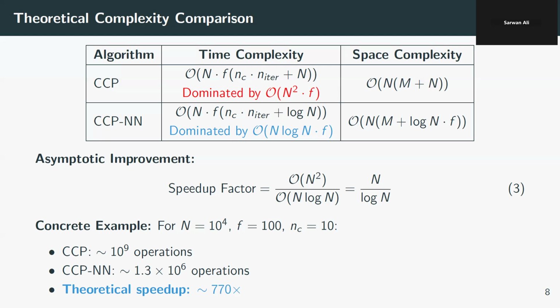For concrete numbers, if we have 10,000 samples, 100 features, and 10 clusters, the CCP will require about 1 billion operations, while the CCP-NN needs only 1.3 million operations. So this is a theoretical speedup of roughly 770 times. And this improvement only gets better as n increases.